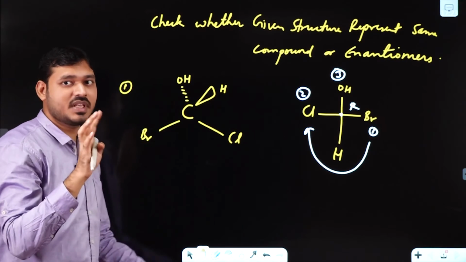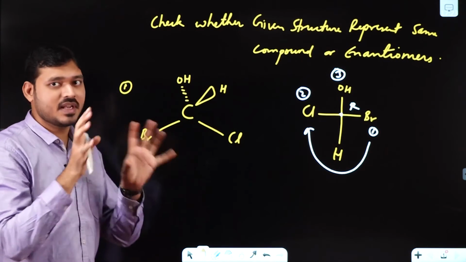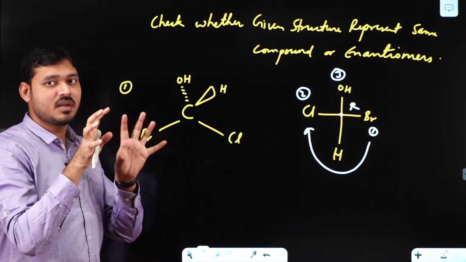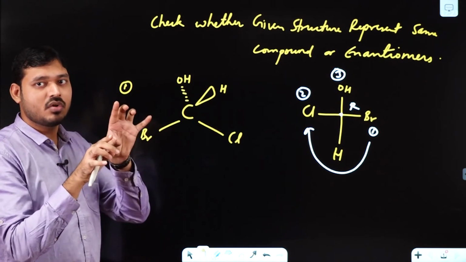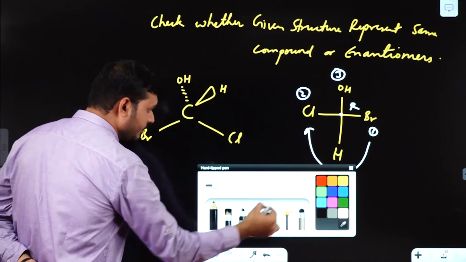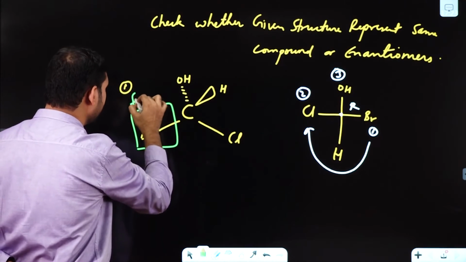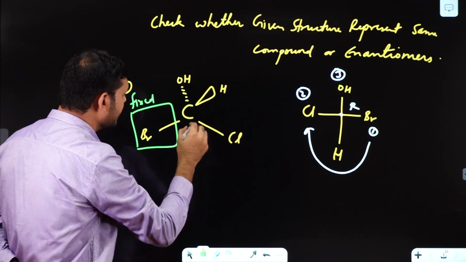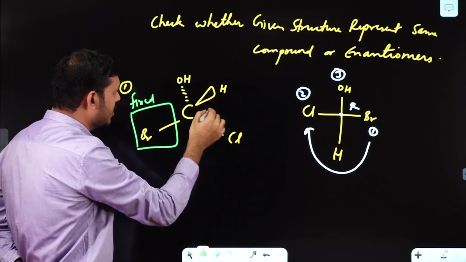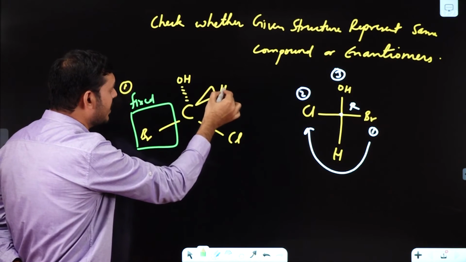Now I am using one concept here. Which concept? Keeping one part fixed, I am rotating the remaining part once, meaning an even interchange. So keeping this part fixed, just rotate this part. Now I have to make hydrogen dash.